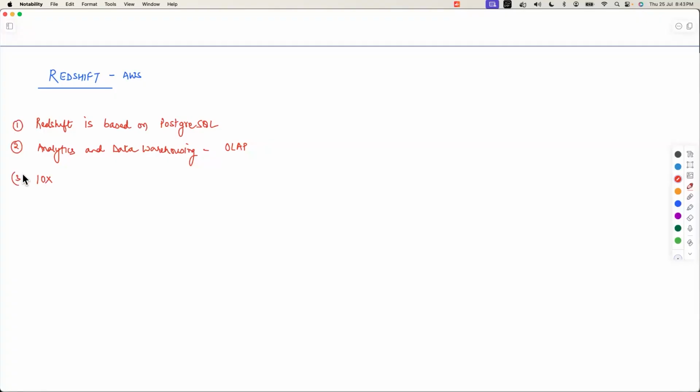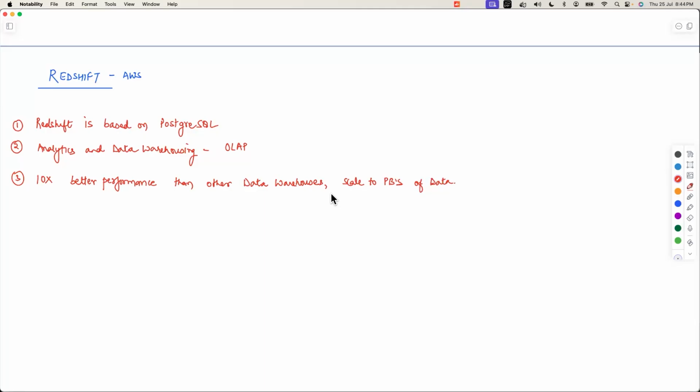Let me write it for you. And this can scale to petabytes of data, right?